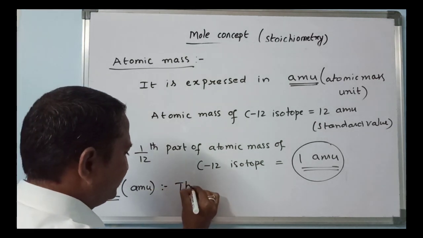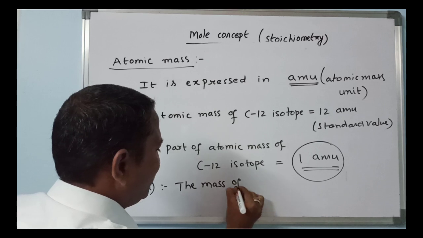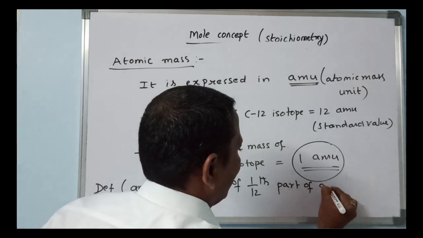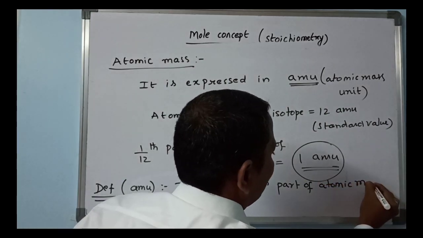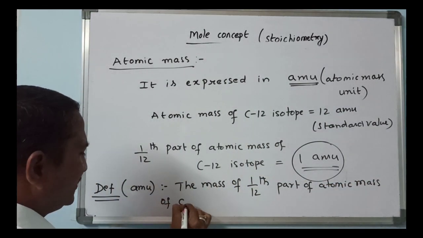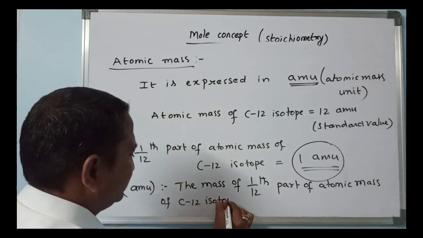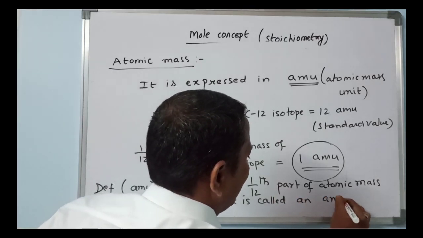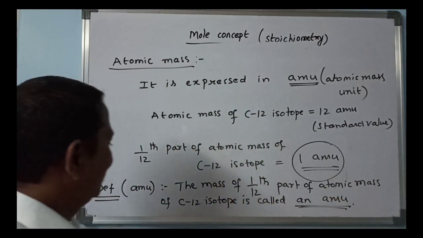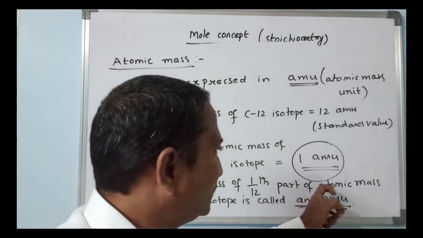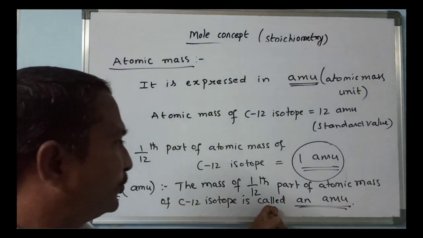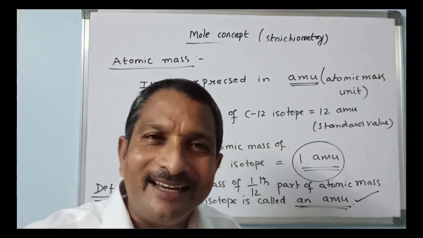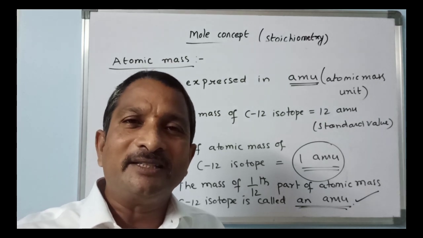The mass of 1/12th part of atomic mass of C12 isotope is called an AMU, 1 AMU. Using this value, we can calculate atomic masses of known elements in the periodic table.